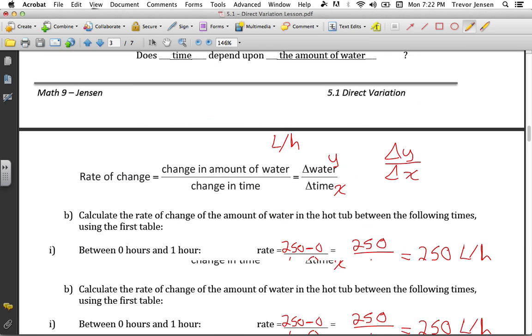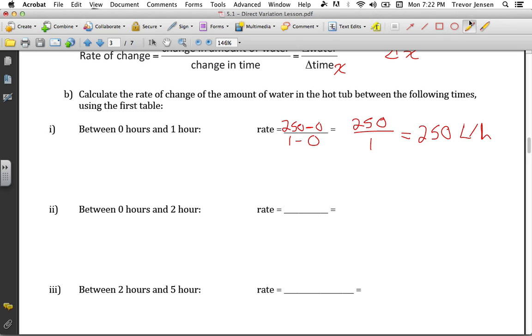So what's our change in water over our change in time? Well, it starts at 0 and goes to 500, so calculate that difference, 500 minus 0. And the change in time from 0 to 2 hours, calculate that difference, 2 minus 0. That gives me 500 over 2, which is equal to 250 liters per hour once again.